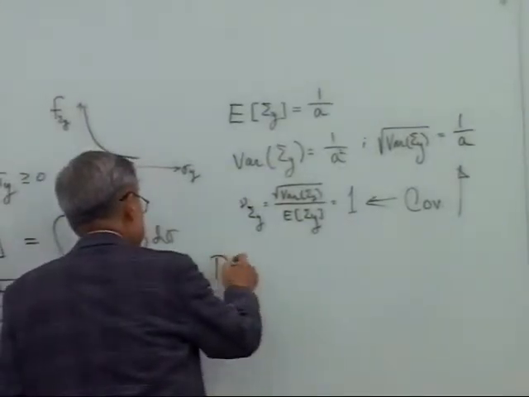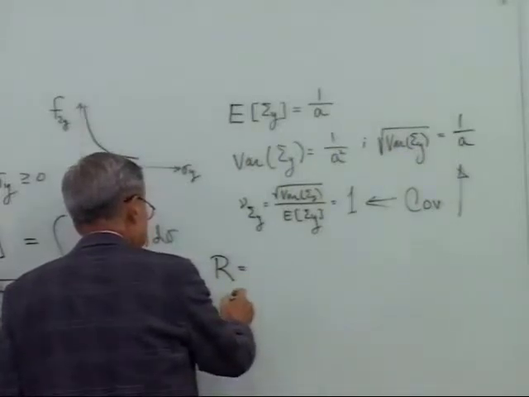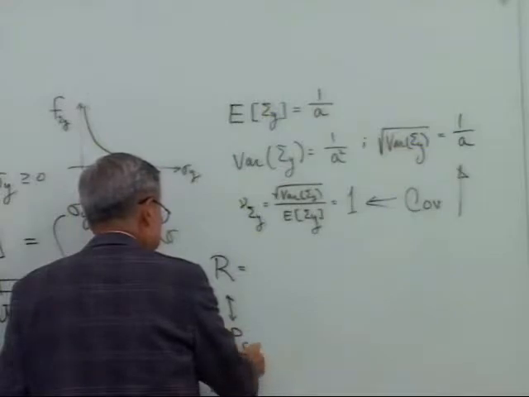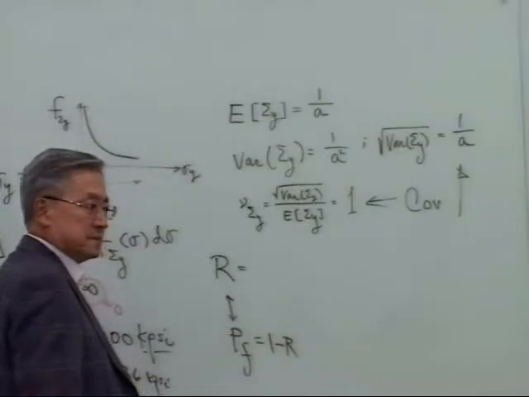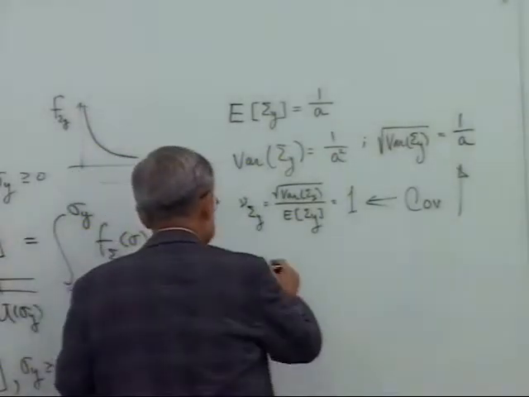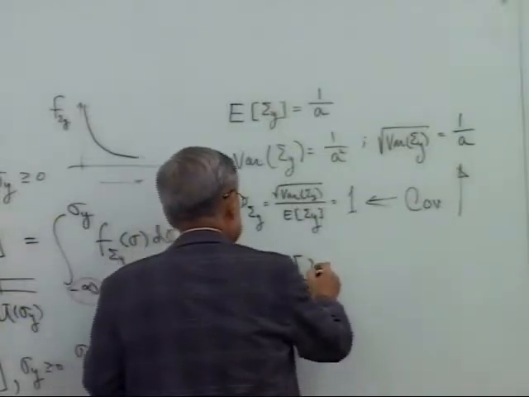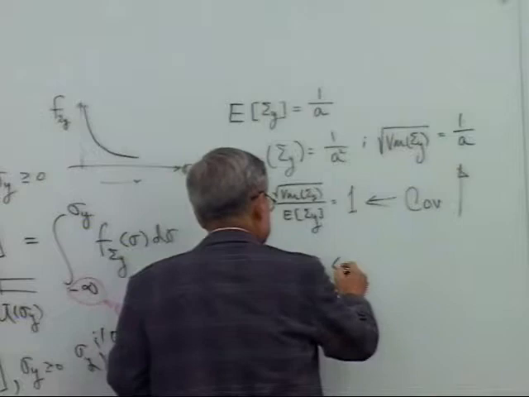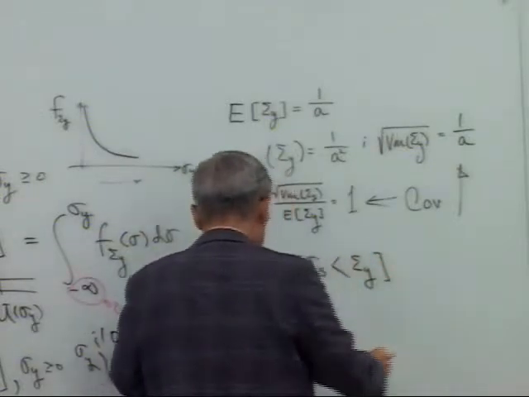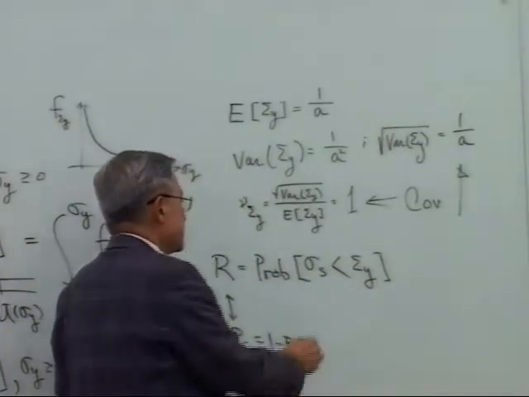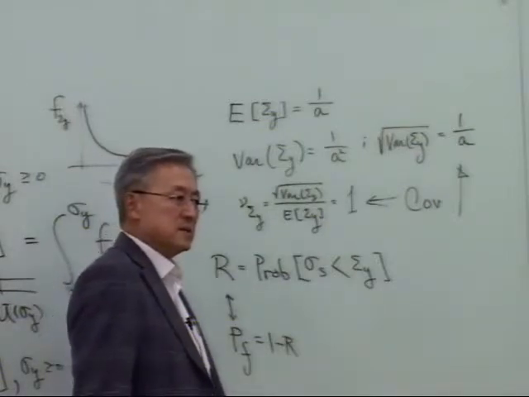Then the question is, what's the reliability? If you know, you can compute the PF, which is 1 minus R. So for reliability, we're concerned with the probability that sigma S is less than sigma Y. I want to drop the equal sign again to make it consistent.